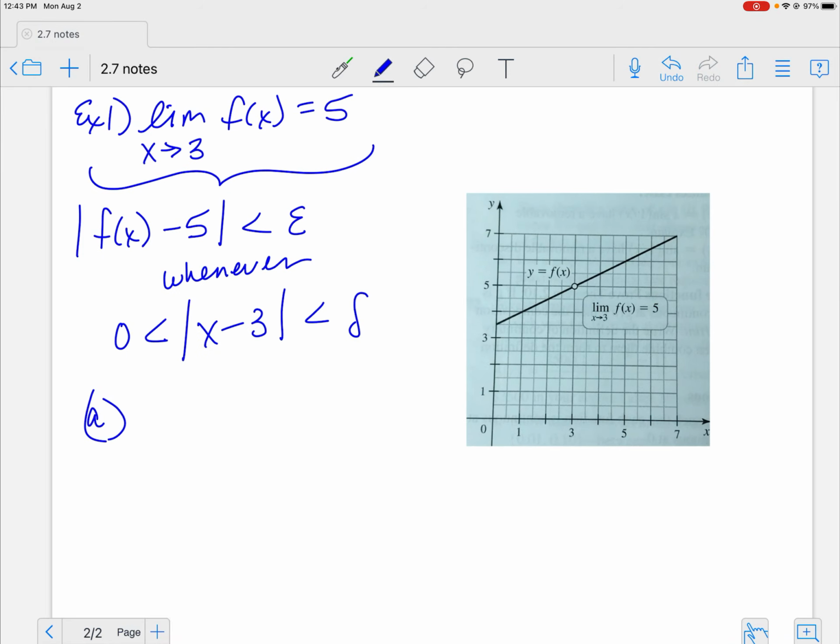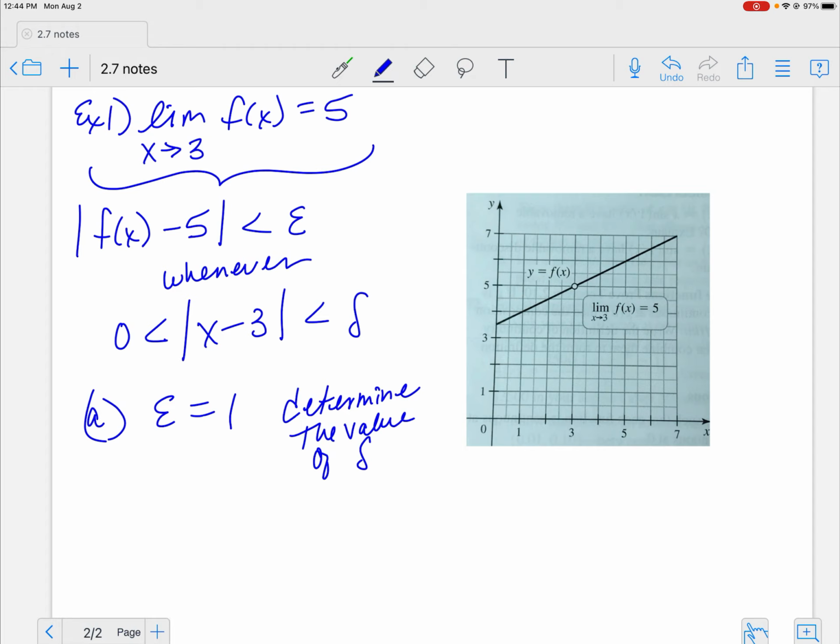Here's part A. I want to know what's going on when epsilon is equal to 1. I want to determine the value of delta when epsilon is equal to 1. Remember, epsilon goes with those y values.